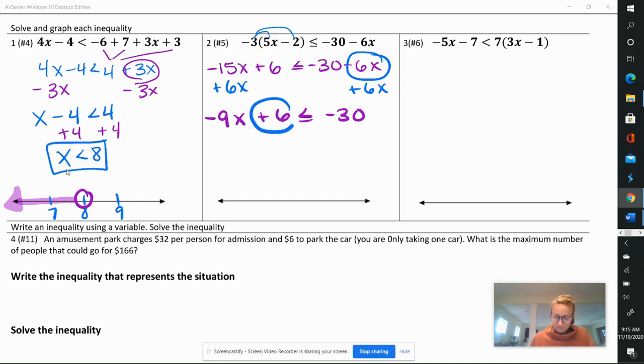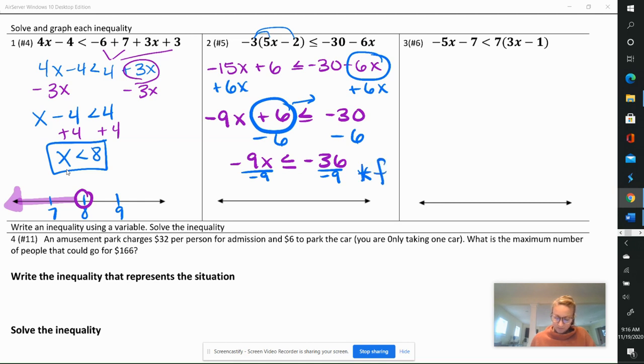Our next step is to move this positive 6 over to the right. To do so, I'm going to subtract it because it's positive. -30 minus 6 is -36. And our last step is to divide both sides by -9 because we're multiplying x by -9.